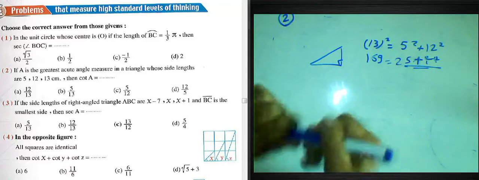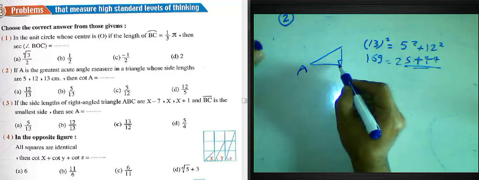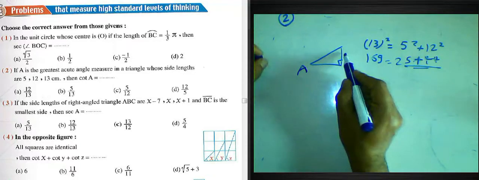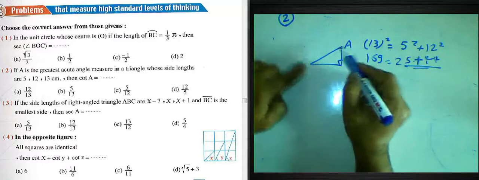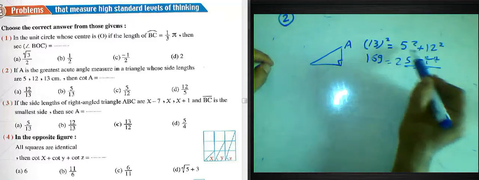A is the greatest, and the greatest angle will be opposite the longest side. Is it opposite 13 or 5 or 12?